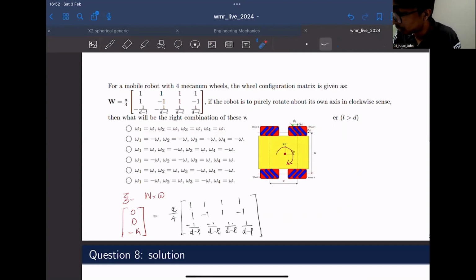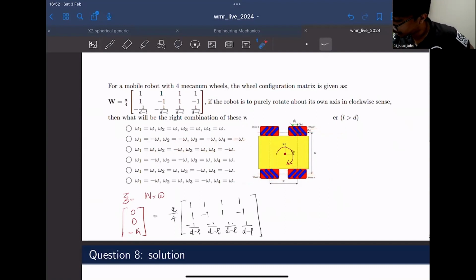And the second option says minus omega for all four, so it will go backward. Then the third option says the first wheel is omega, second wheel is minus omega, third wheel is omega, fourth wheel is minus omega. That is one option.